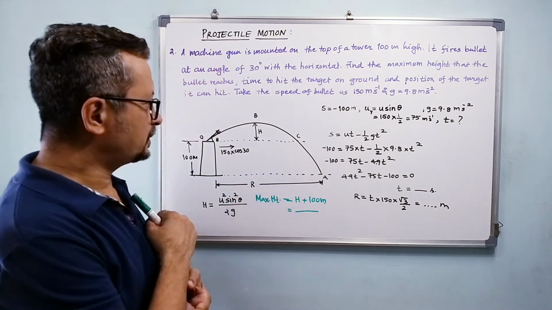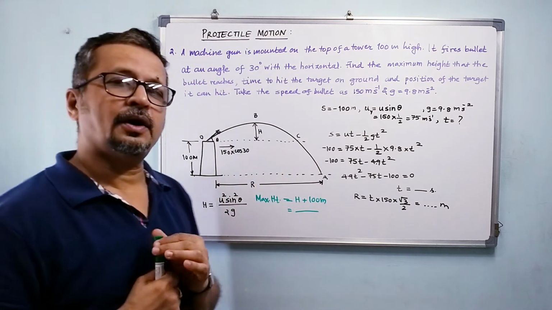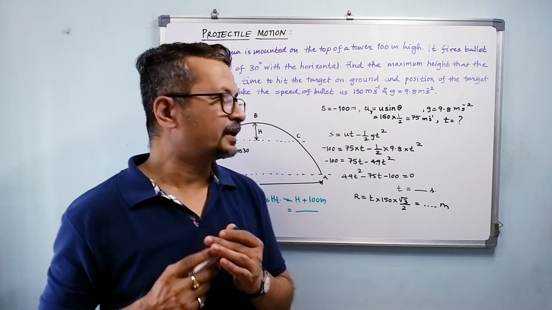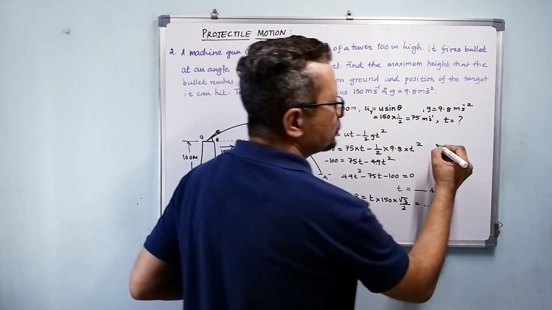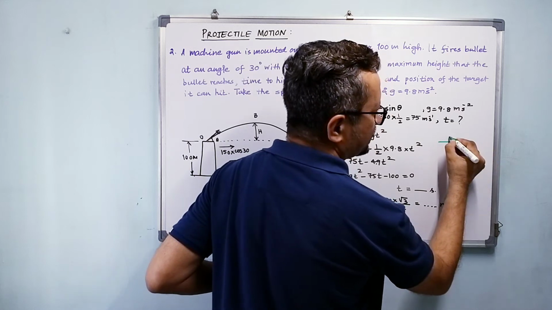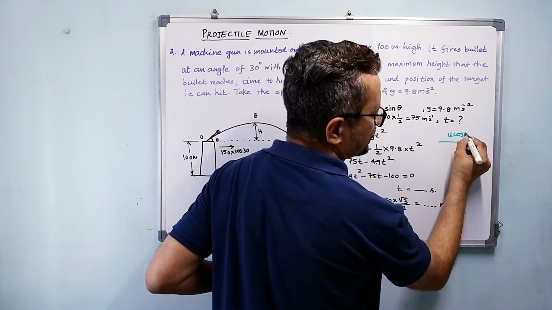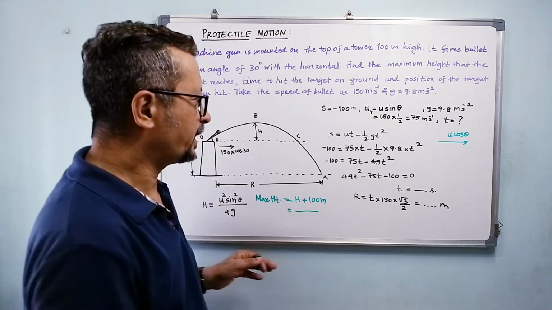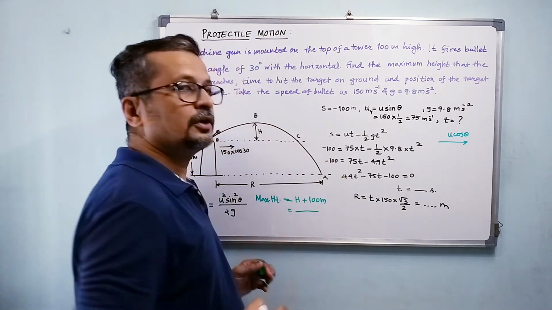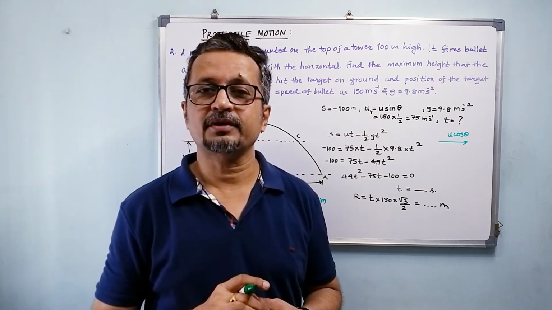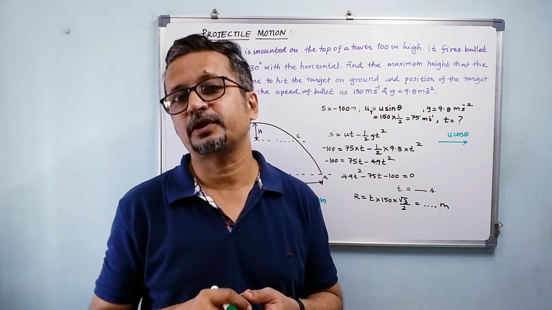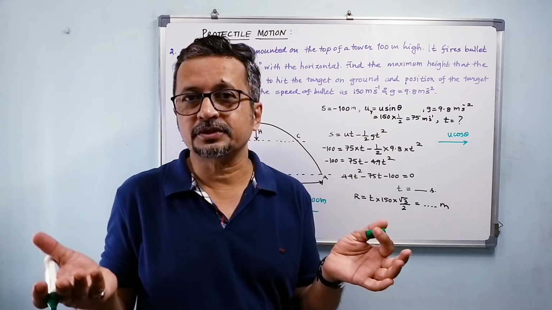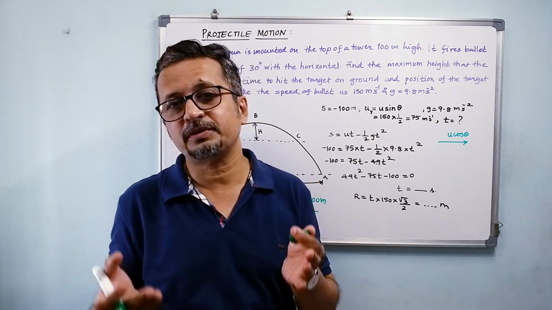See, now the thing is, your horizontal component of velocity is going to remain same, that is going to be u cos theta, which is equal to 75 root 3. Okay, vertical component of velocity, what do you do? You can use the third kinematic equation, right? V square is equal to u square plus 2as.